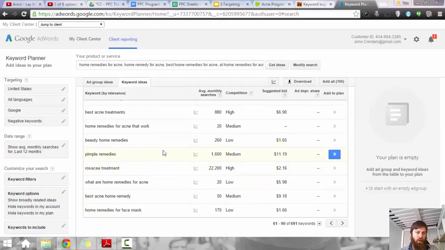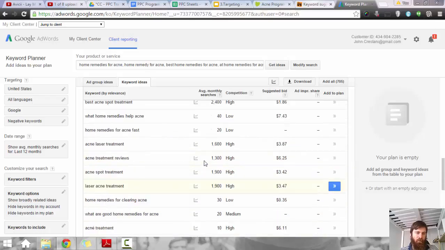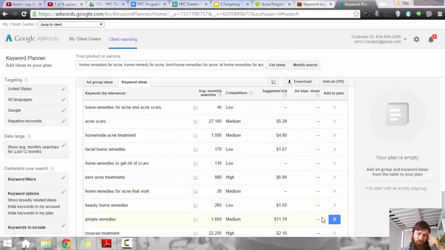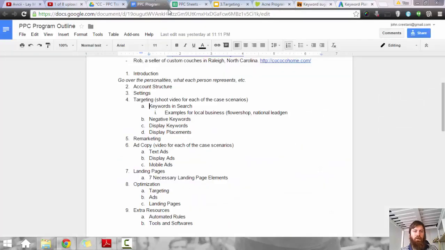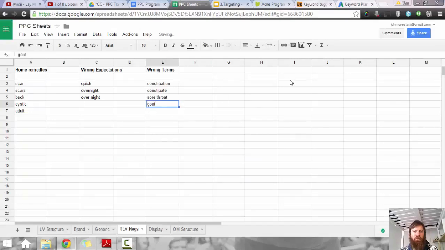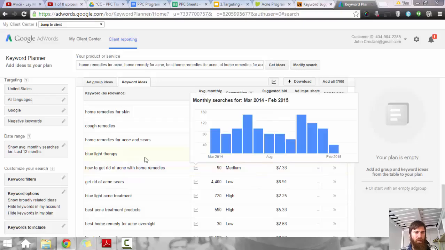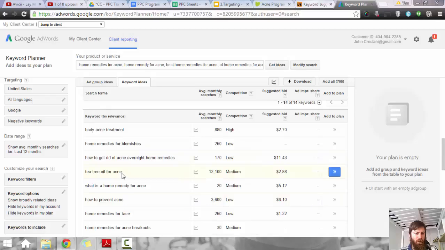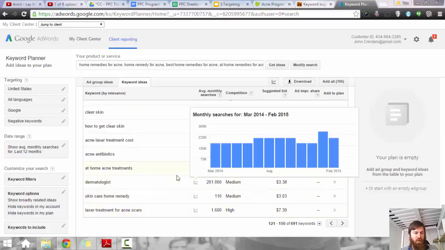Full beauty home remedies, face mask, acne laser treatment, gout. These are terms that Google's throwing up, and again, we just get rid of them. Oil for acne, blemishes, I think blemishes are the same thing.